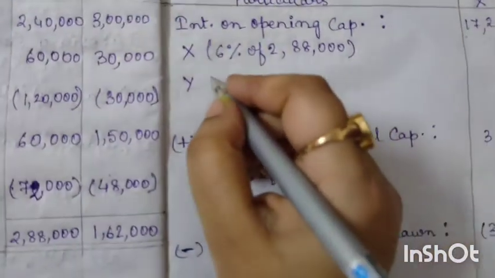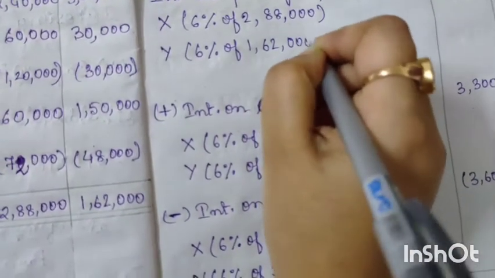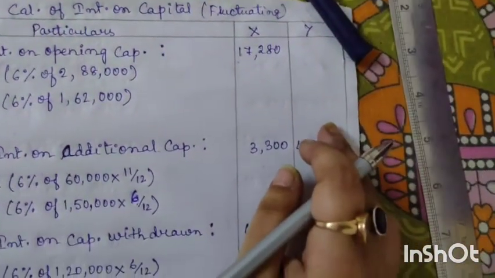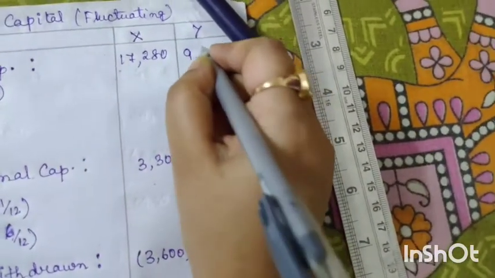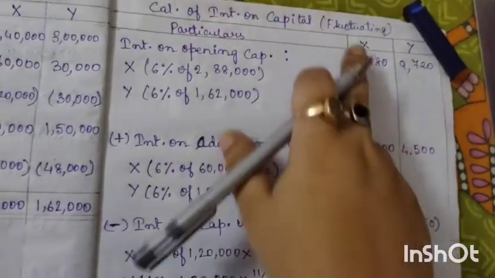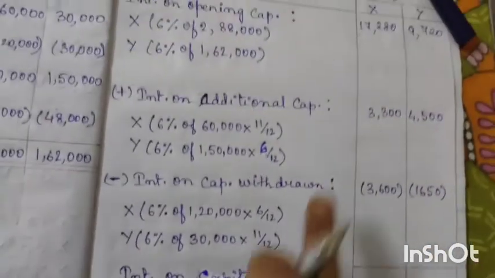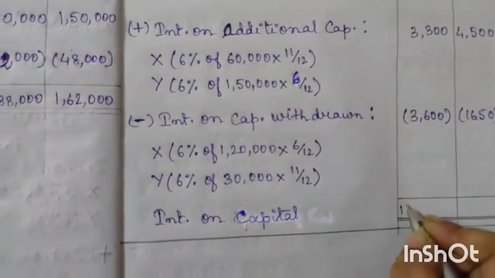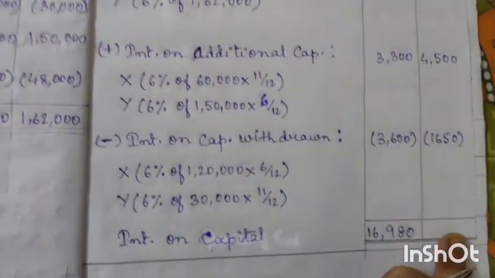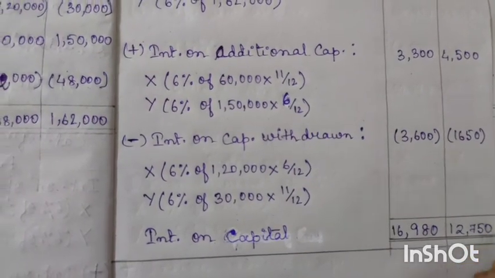So here we will write 6% of 1,62,000. If we do the calculation we will get 9,720. The rest everything will be the same. So now if we do the calculation, the interest on capital amount for X will be 16,980, and for Y interest on capital will be 12,750. So it is done.